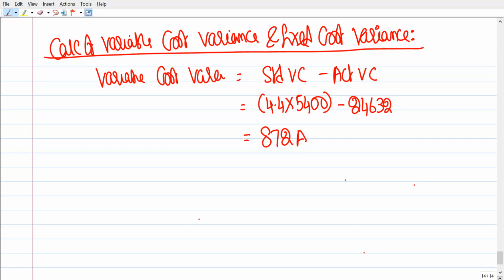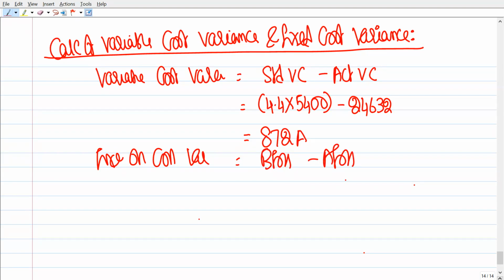Any doubts on this? Clear? Fixed overhead cost variance is very simple. BFOH. We are following marginal costing. In marginal costing only expenditure variance will come. BFOH minus AFOH. What we budgeted as compared to what we have spent.